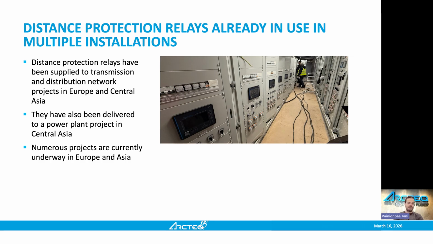And we also have delivered to a power plant project in Central Asia. And there are also numerous projects currently underway, not finished, but underway in Europe and Asia as well. So even though this is not fully released, we have been doing a lot of testing, a lot of projects already. So we are in quite good hands at this point. And once the release is out there, we can start distributing.